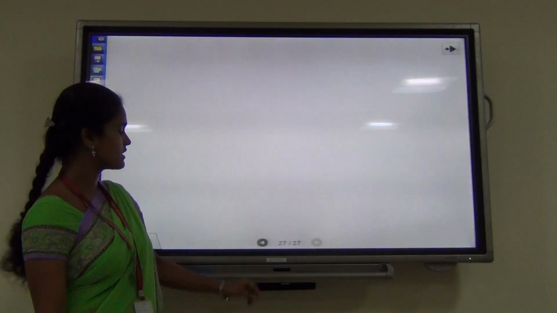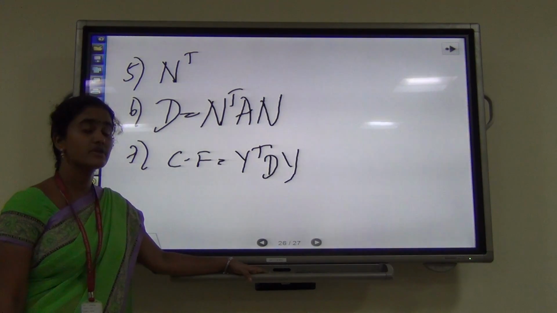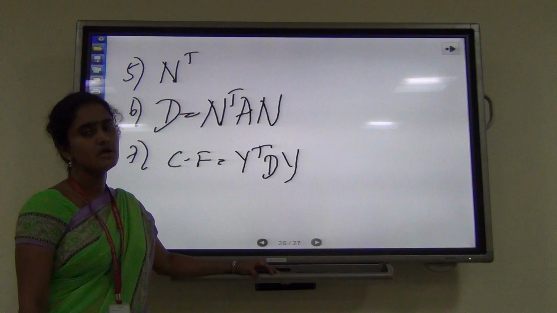These are the working rules, the seven steps, by which we can reduce a quadratic form into a canonical form.